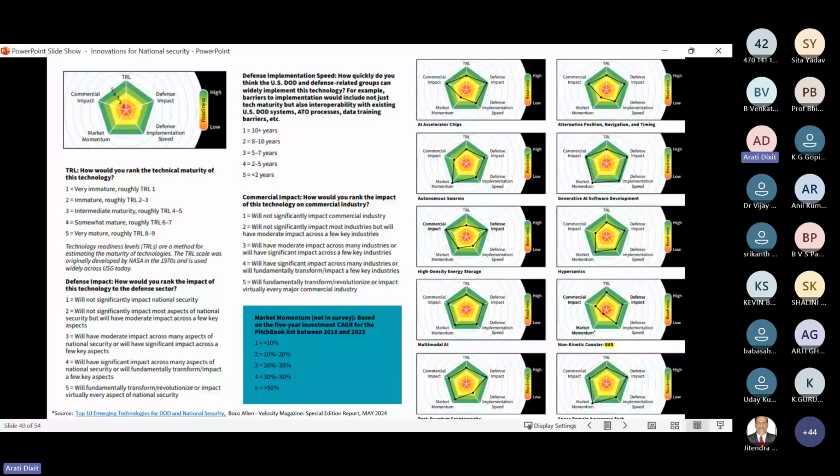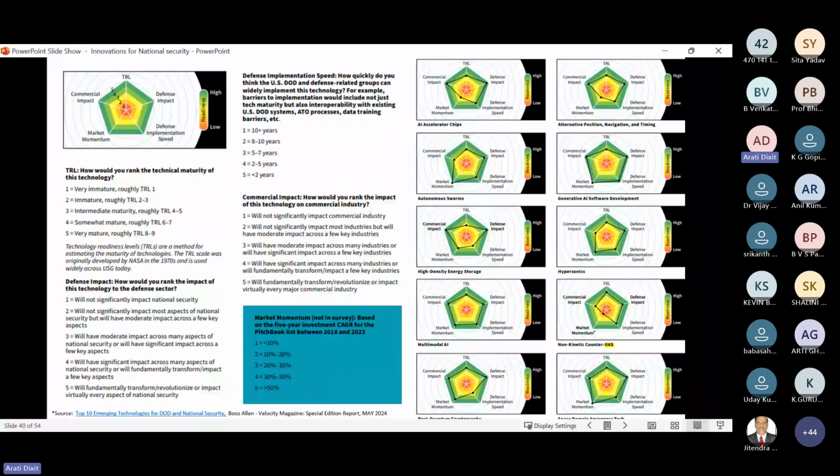Same way for implementation speed: if it is at number 1, implementation will take more than 10 years, and if it's on the outer green band, implementation will take less than 2 years. That is the spectrum of time it will take to implement.